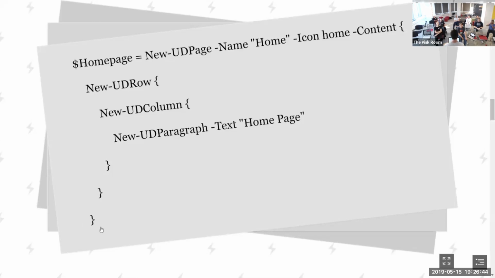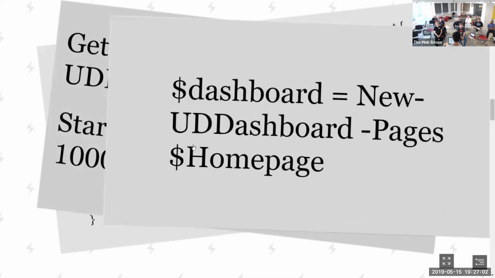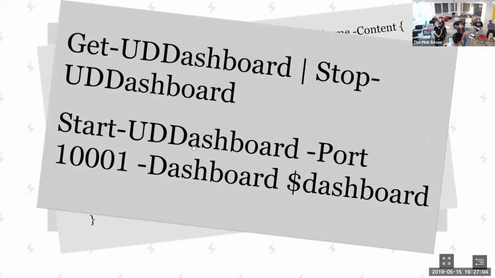So if we put that into our script, we have a dashboard, and we say New-UDDashboard, Pages. You can just pass in an array of pages. I've created obviously just one, remember? So just passing in the home page. And then to run it, it runs in a background process.